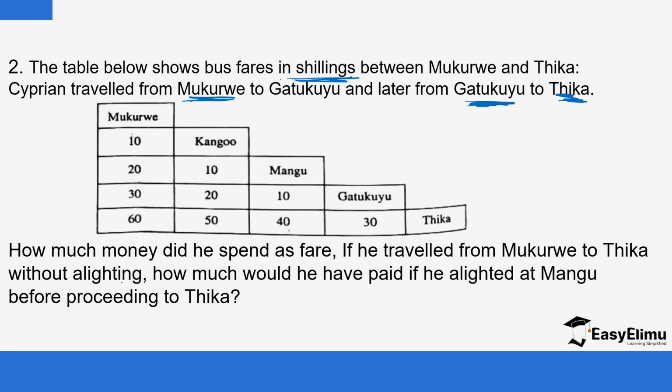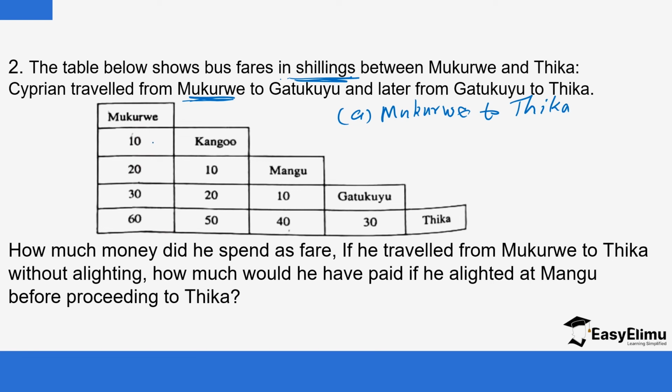So that is the first part of the question, part A. Mukurwe to Thika without alighting.